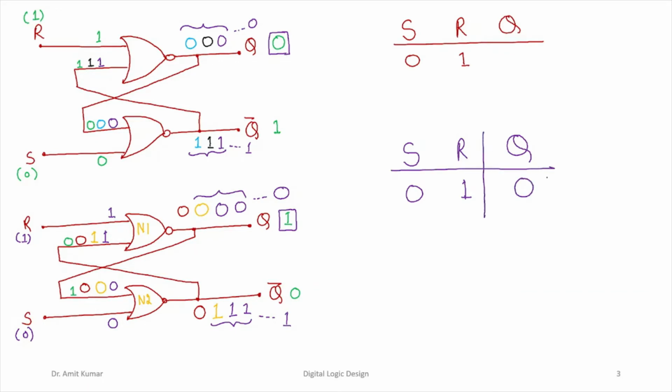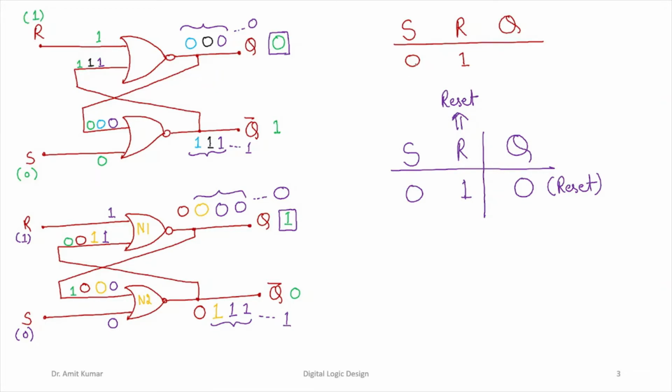And that is why we say that when the R input is 1, it is resetting the output, right? If R input is 1 and S input is 0, in that case the output is going to reset, right? We call this the reset state, and for this reason we call the input R the reset input.